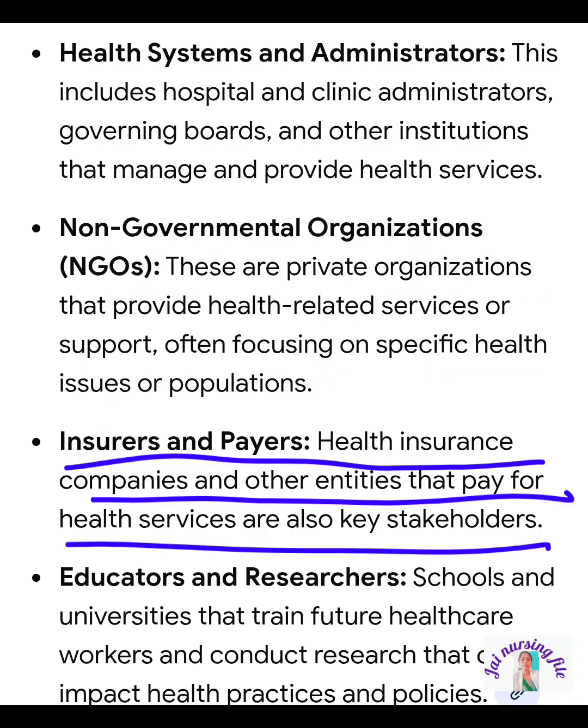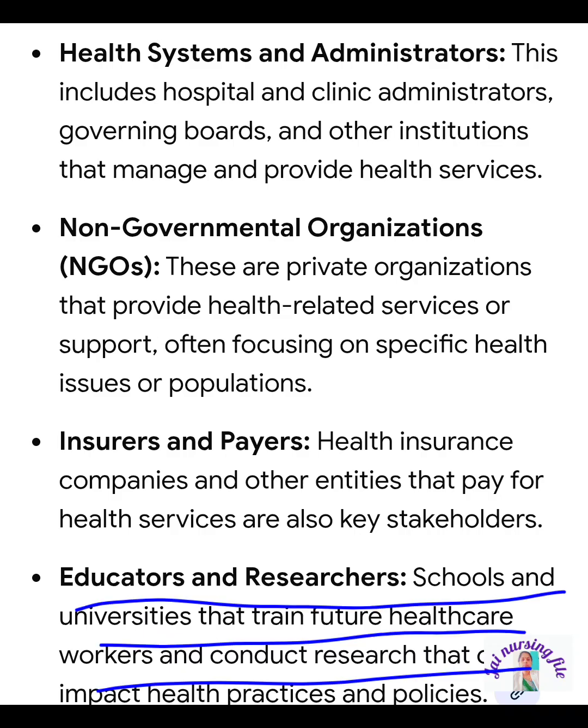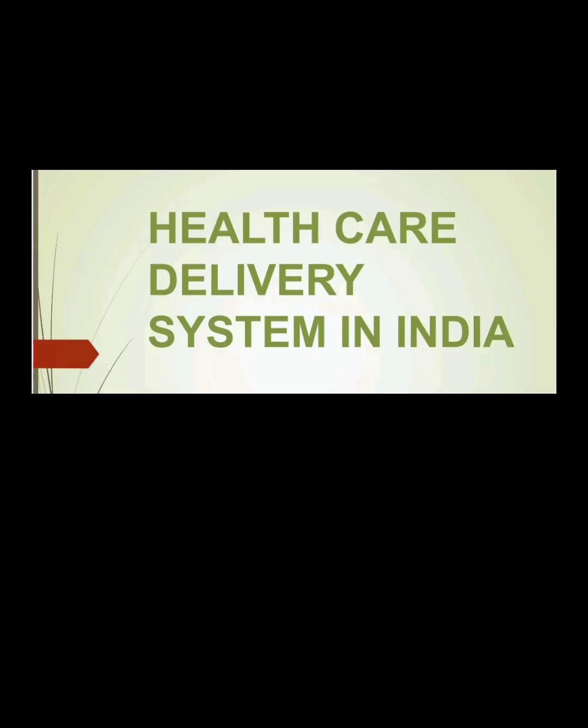Health insurance companies and other entities that pay for health services are also stakeholders. And last one, educators and researchers, like schools and universities that train future healthcare workers and conduct research, which impacts health practices and policies. So overall, health system and administrators, NGOs, insurers or payers, educators and researchers.